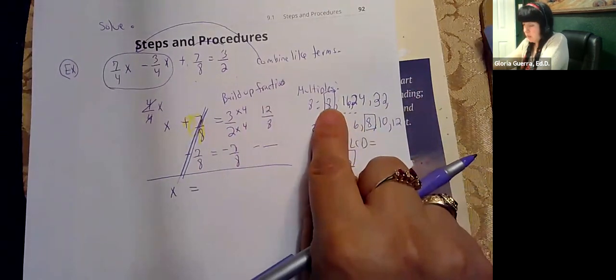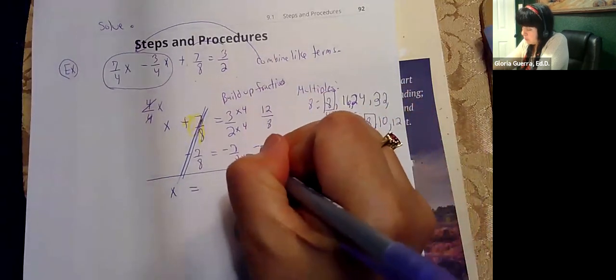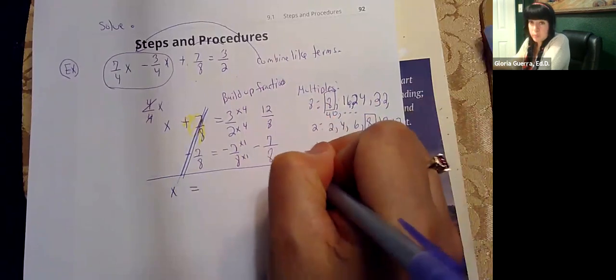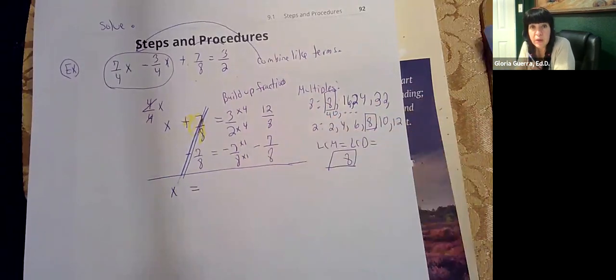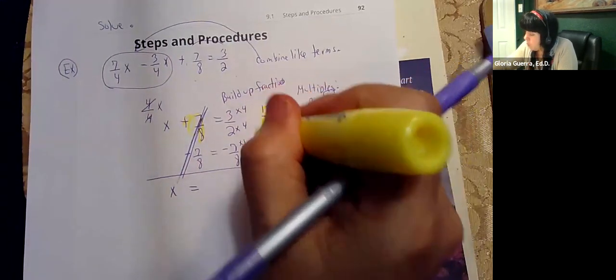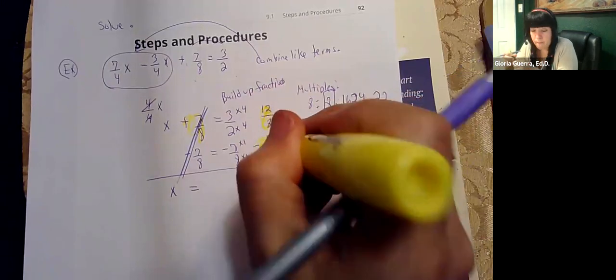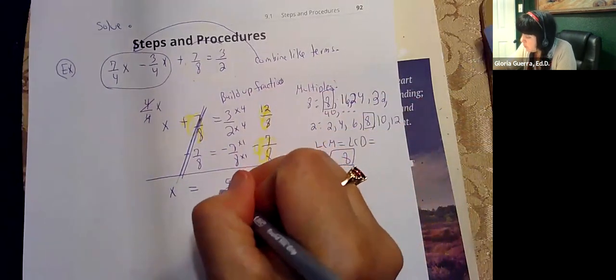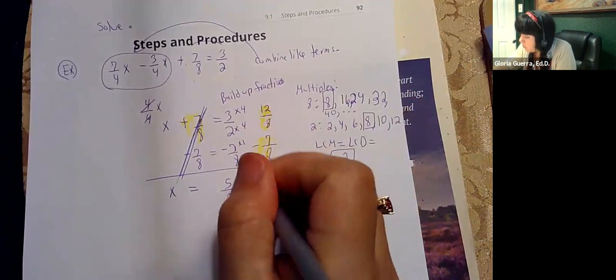I just needed 1 eight, so this will be just times 1. Now I have a common denominator, 12 and 8. And now I can do 12 minus 7. So 7, 8, 9, 10, 11, 12. It's just my fingers, 5 over 8.